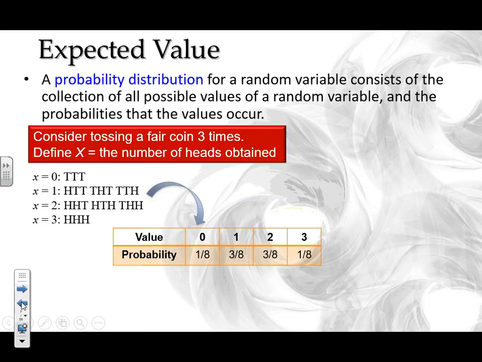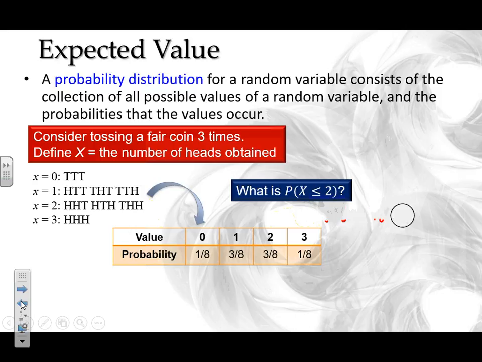If we go back to this one, okay? So if we look at our probability distribution, the probability that x is less than or equal to 2, well, that's three different parts we have to put together. So what we could look at is, well, if I want everything less than or equal to 2, that means I don't want 3, right? That's the only one I don't want.